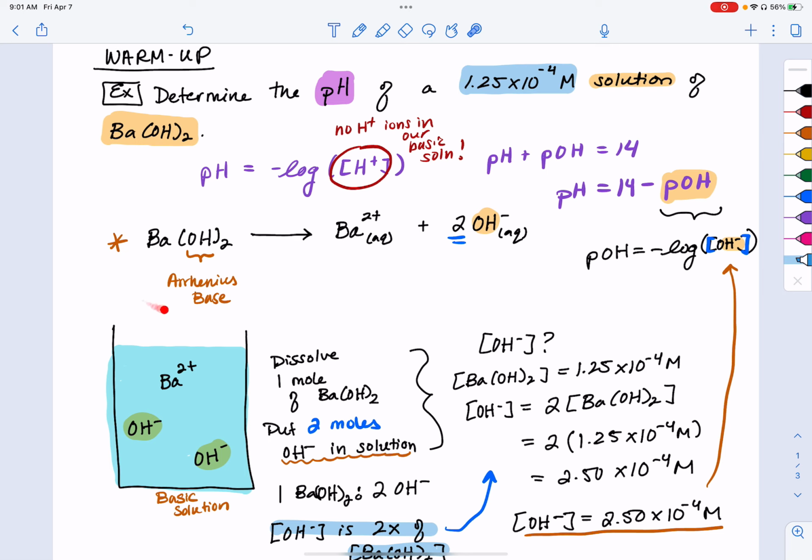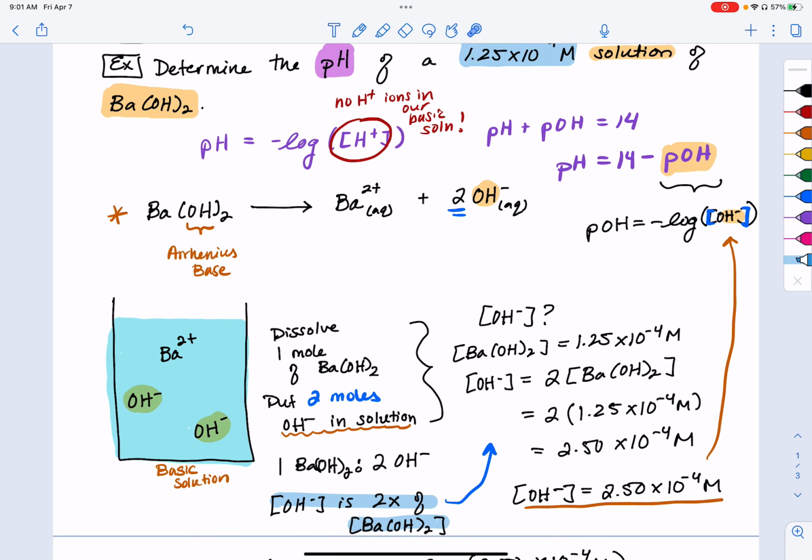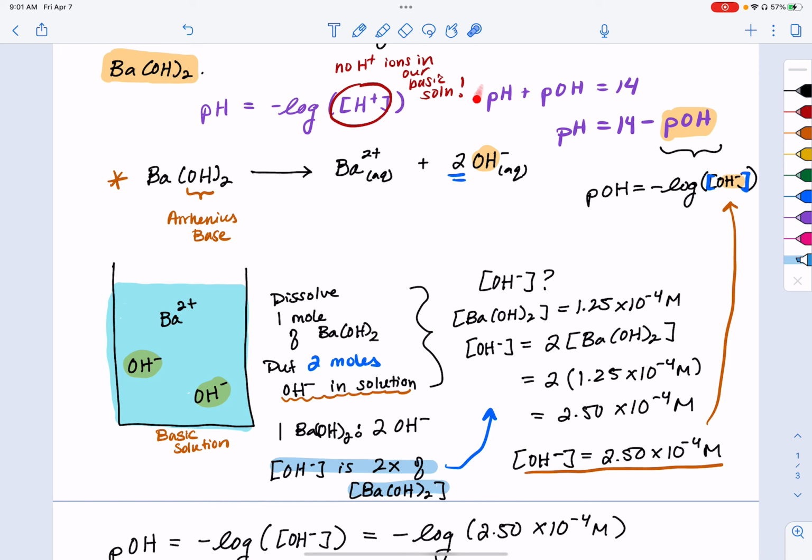So you do need to consider your dissociation equations, just like we did when looking at our electrolytes lab. And then you need to ensure that you recall this relationship between pH and pOH in case you are asked for the opposite of what you're able to directly calculate based on what kind of solution you have.